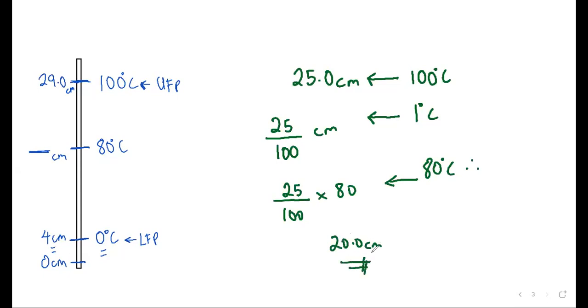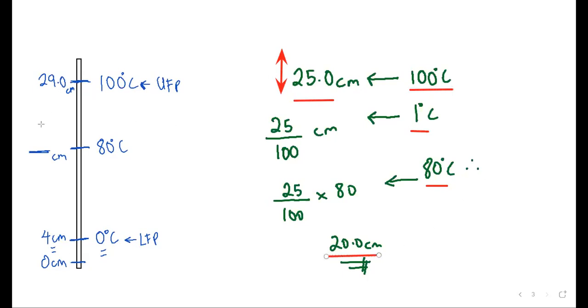Yep, 20 cm. The whole idea here is that the length of expansion was 25 cm for a change of 100 degrees Celsius. So for every 1 degree Celsius change in temperature, the length of expansion must be 25 over 100. When the temperature is 80 degrees Celsius, it should be 20 cm length of expansion.